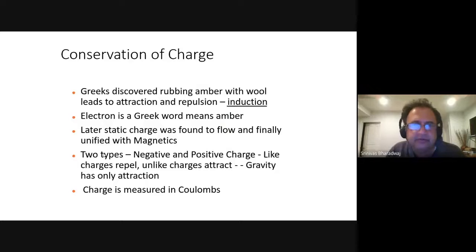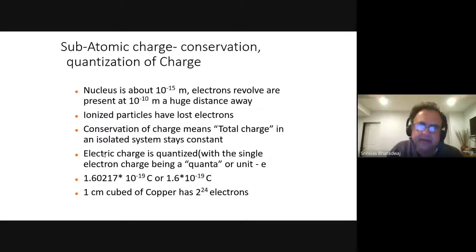What is conservation of charge? You all know that charge can neither be created nor destroyed, and it exists. It's seemingly lost and regained, right? But it always exists in some sense because the electrons and protons remain. And then we have subatomic charge, conservation, and quantization of charge. Ionized particles have lost electrons, but the electrons are there somewhere else.